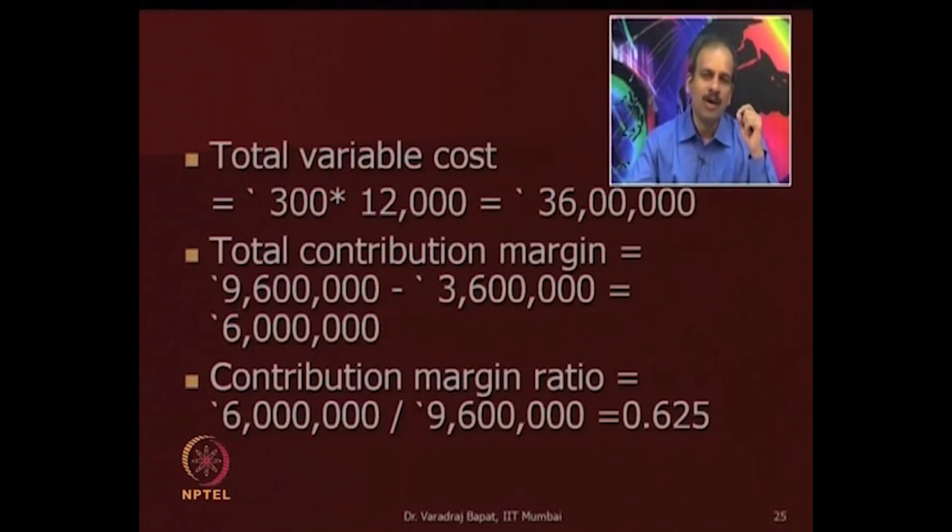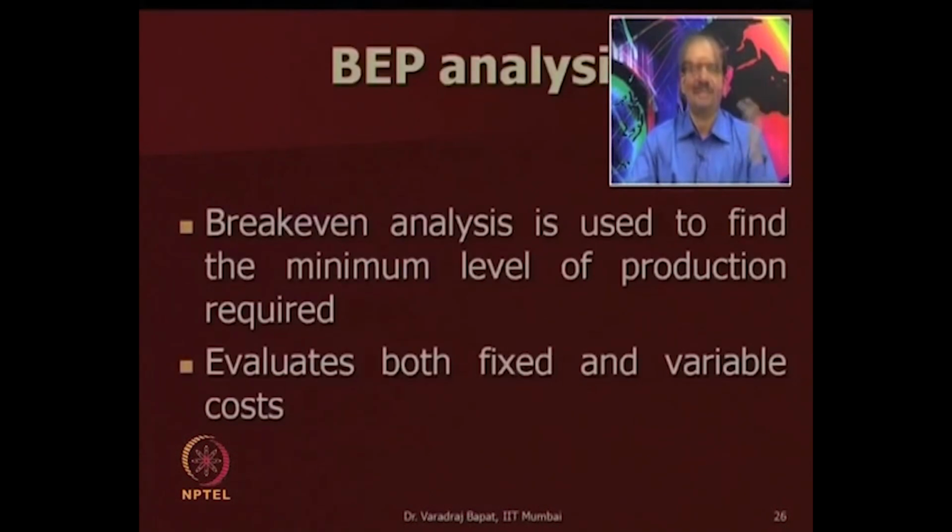Let us look at one more concept, and once we see that concept, we will go to some cases. This is known as break-even point analysis. In break-even point analysis, we try to calculate the minimum quantity which must be produced to avoid losses, because every company or every entity or any unit does not want to be in loss.